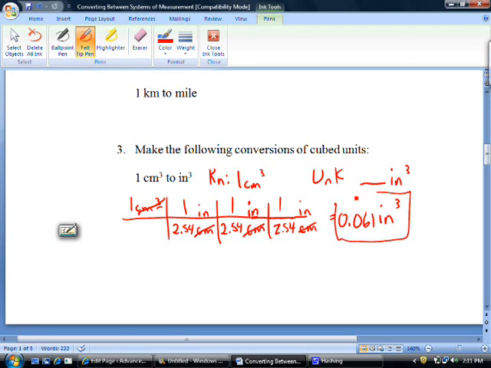And that answer, along with all of this work that we've shown here, would be 5 points for that problem.